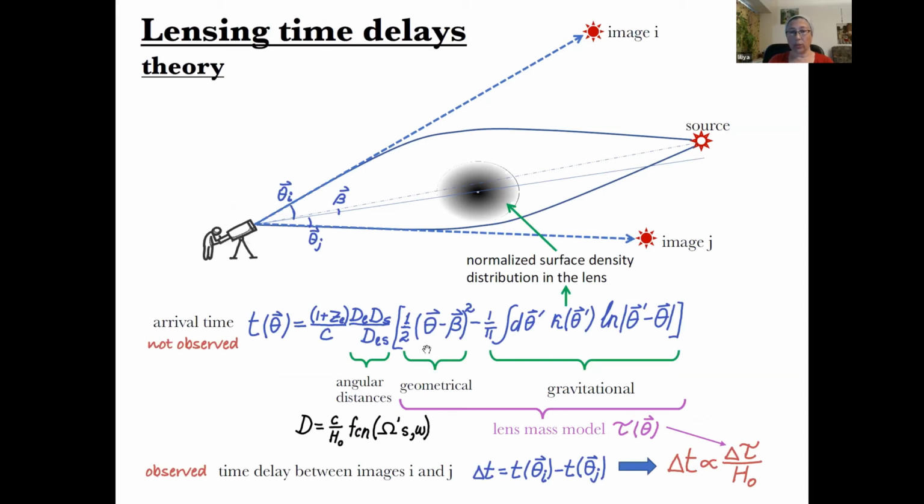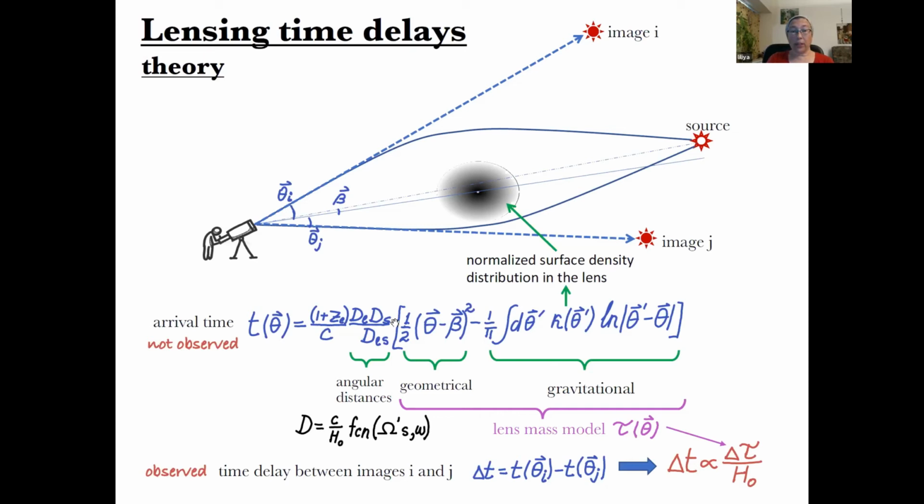This is the geometrical term, which is basically the square of the separation on the sky between the image and the source, and the gravitational part, which is an integral over the observer sky, the lens, of the normalized surface mass density, which we call kappa in lensing, with the logarithmic kernel.